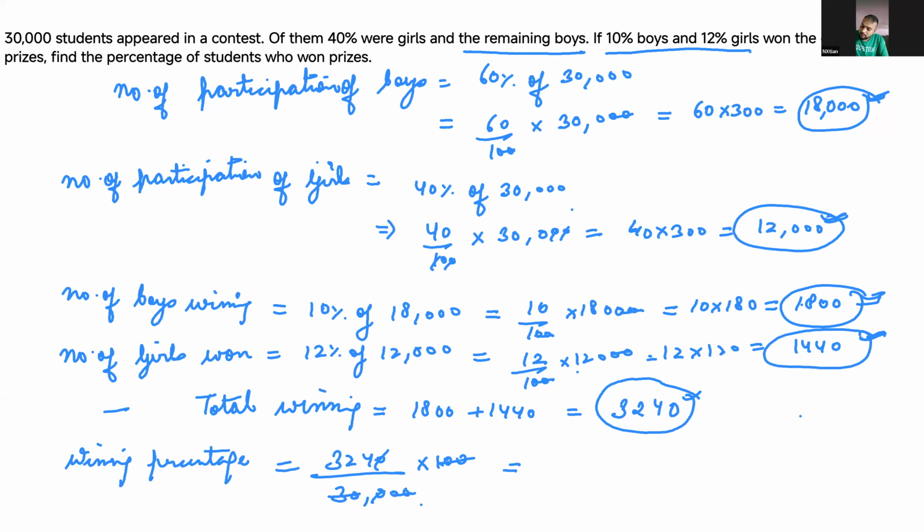Now it becomes 3, 3 0 then 8, that will become 108 by 10 percentage. It means it becomes 10.8 percentage is the total winning percentage of the students.